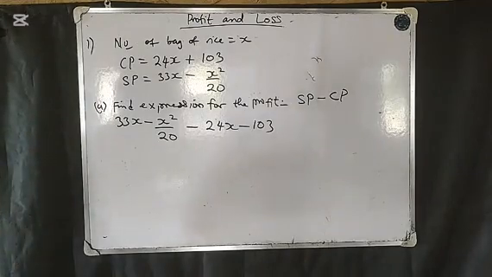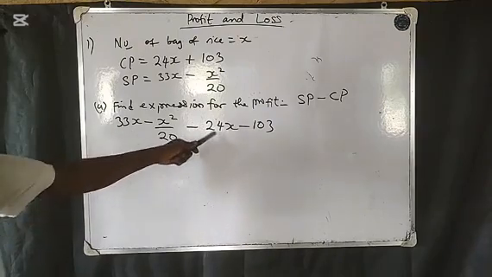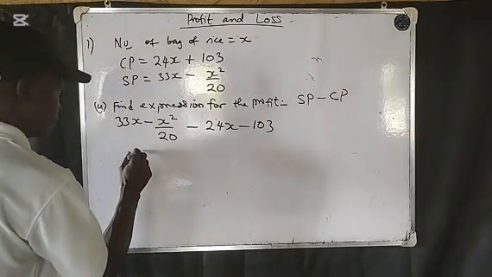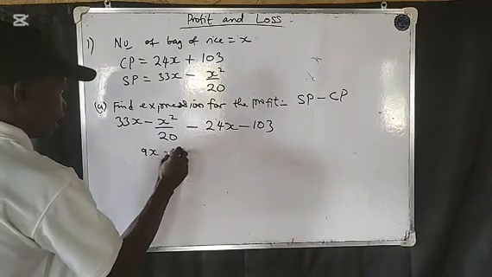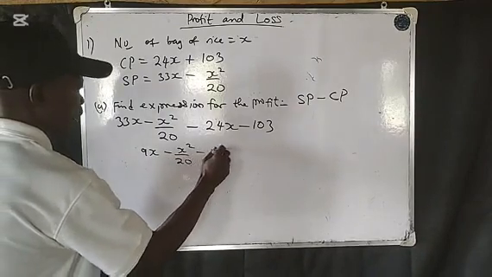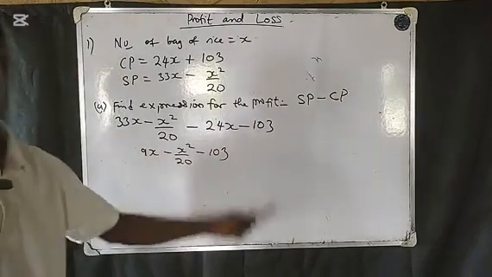Is that okay? Now let's reduce it. 33 minus 24. That's 9x, right? So we have 9x minus s square over 20, then minus 103. This is the expression they say you should find. Find expression for the profit.